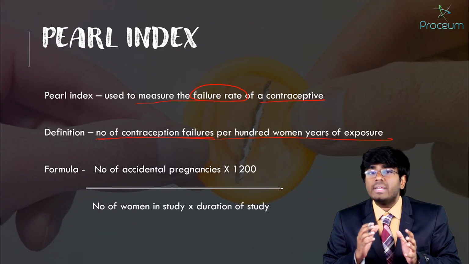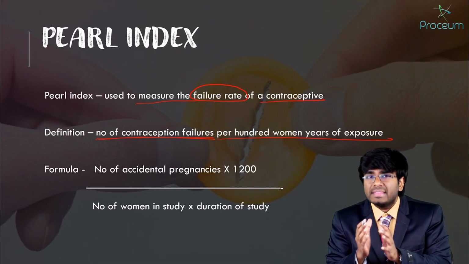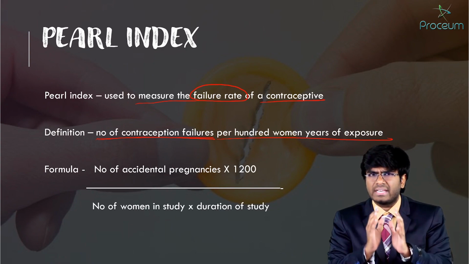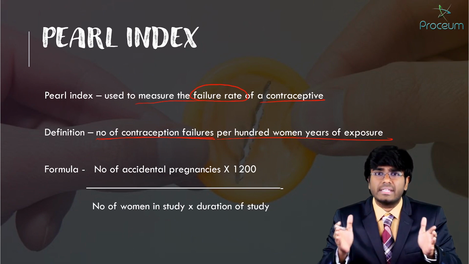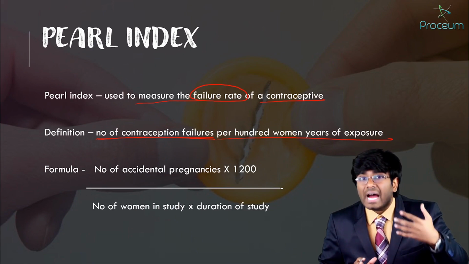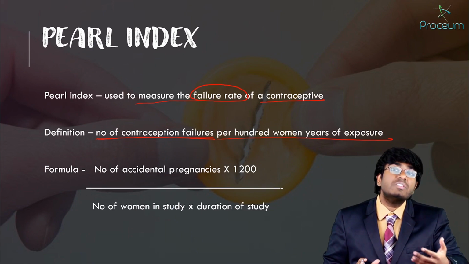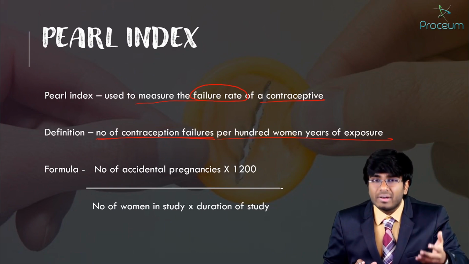Let's say a woman is going to use this contraceptive method for 100 years. In that 100-year period, how many times has this contraceptive failed? That, in a simple way, is what a Pearl index is.